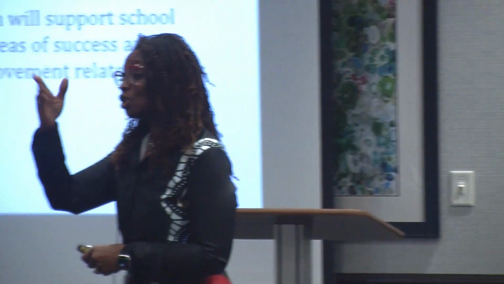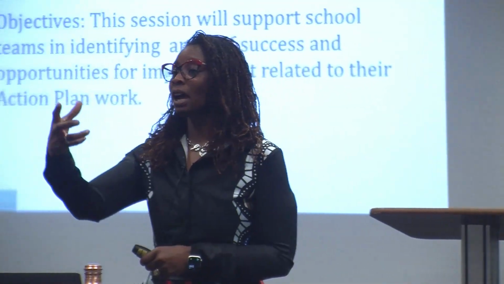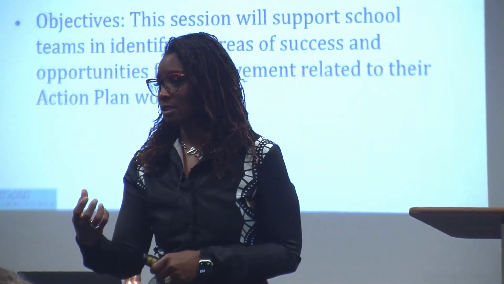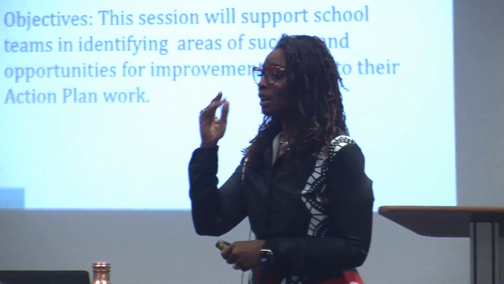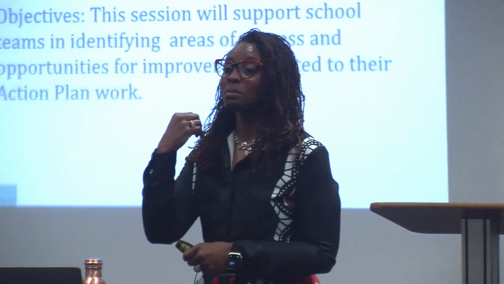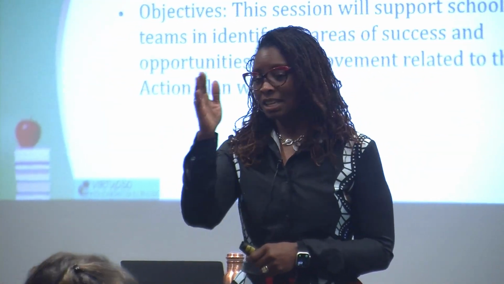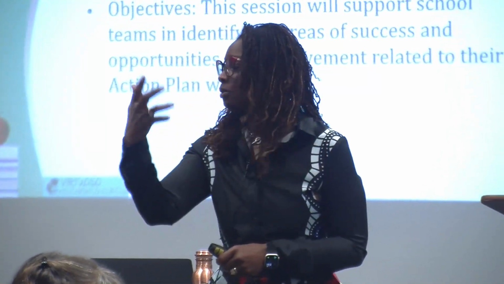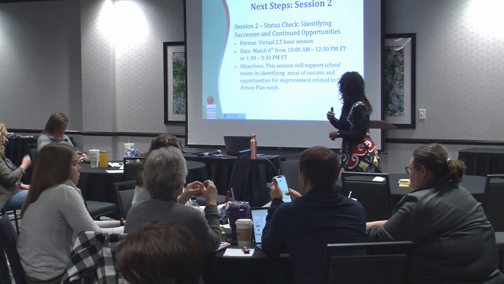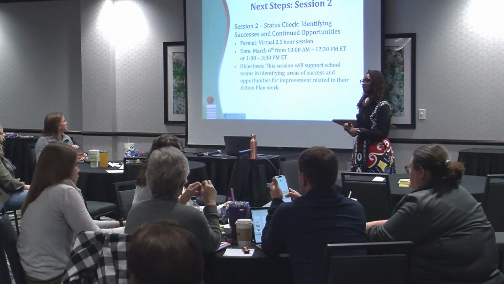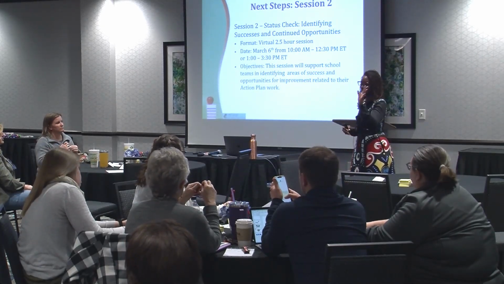Basically, an iteration of what's on your chart paper, but now with more depth. All right? If you need a reference, what I expect in March is for you to report out exactly what you have on your chart paper with more depth. How does that change for you? And then our last session is in April, late April sometimes. We'll talk about that later.